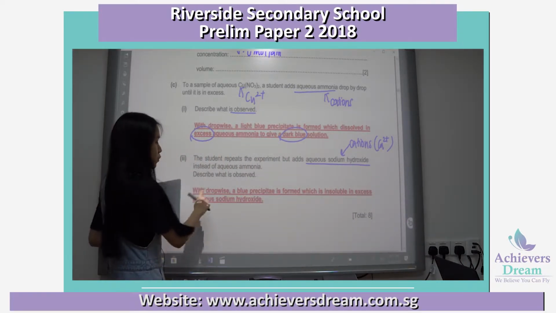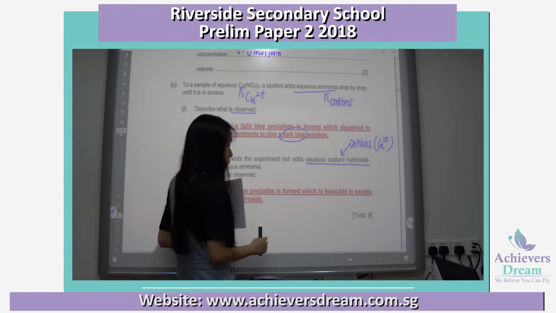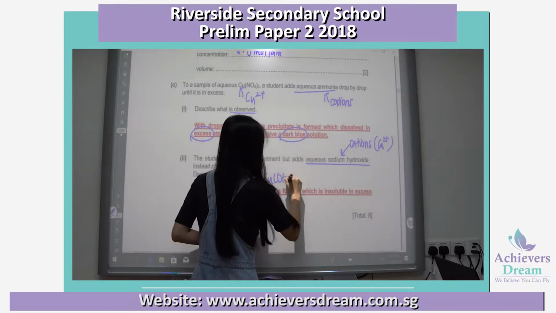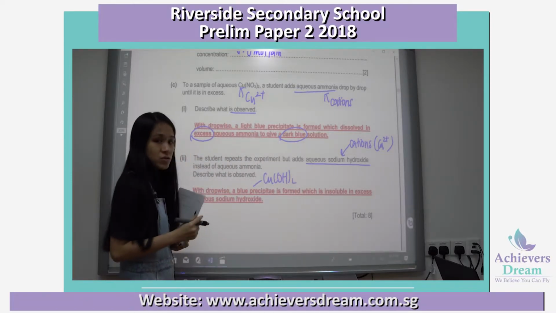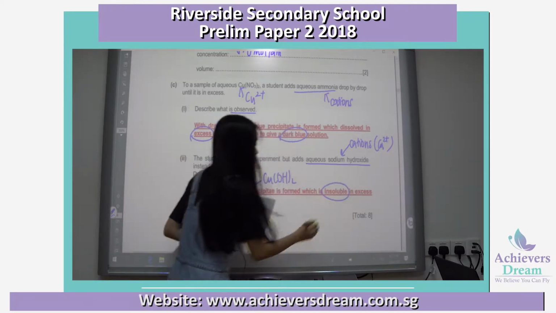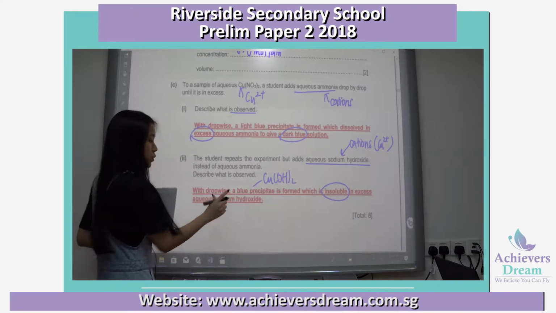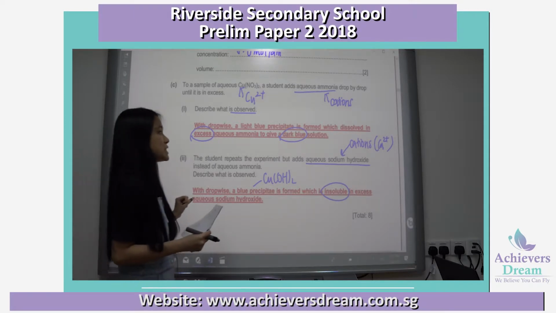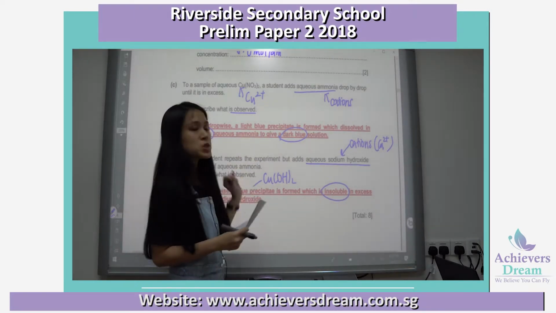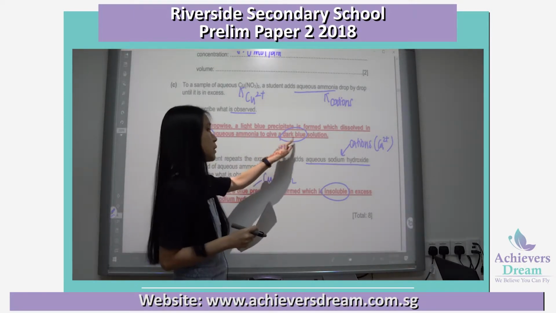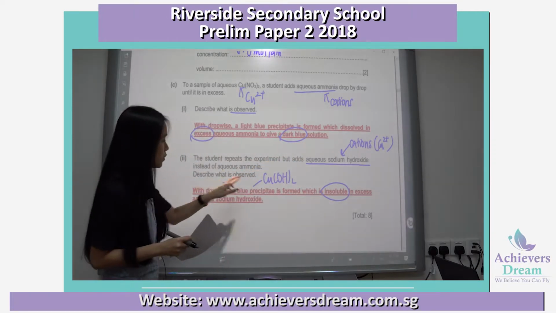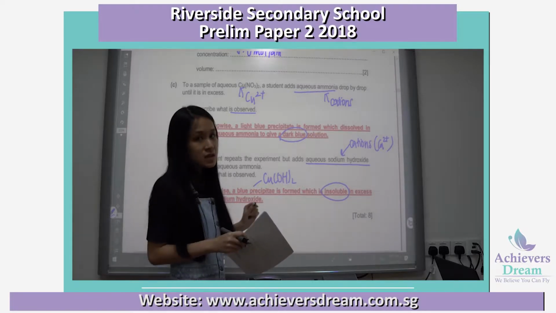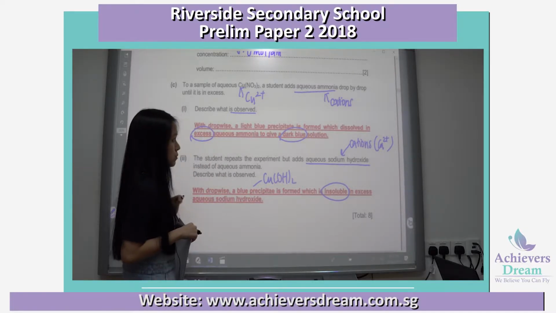Take note, with dropwise addition, a blue precipitate, Cu(OH)2, is formed, but it remains insoluble in excess aqueous sodium hydroxide. With aqueous ammonia, the blue precipitate dissolves in excess to give a dark blue solution, but with aqueous sodium hydroxide, the blue precipitate remains insoluble in excess sodium hydroxide.